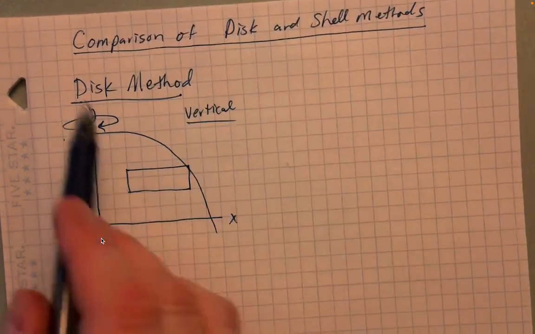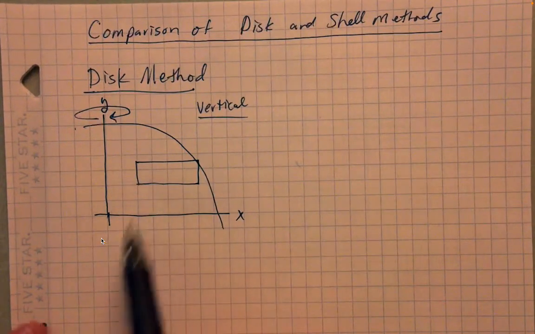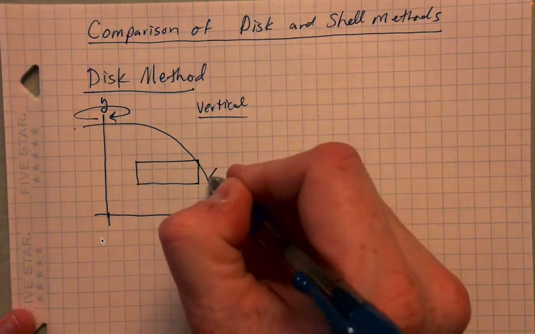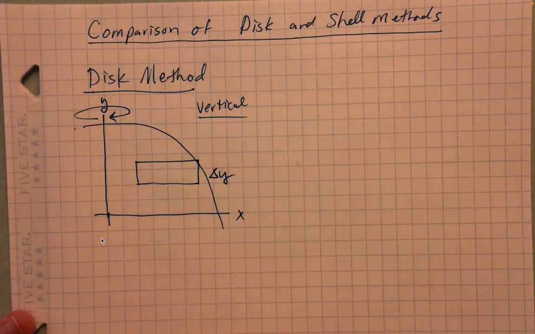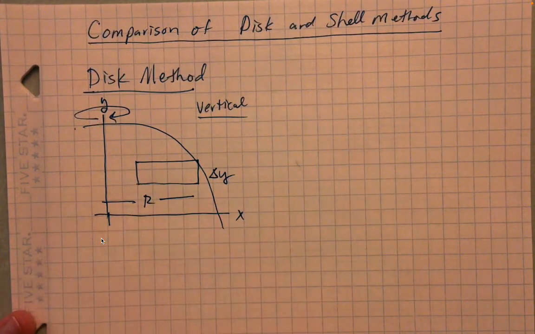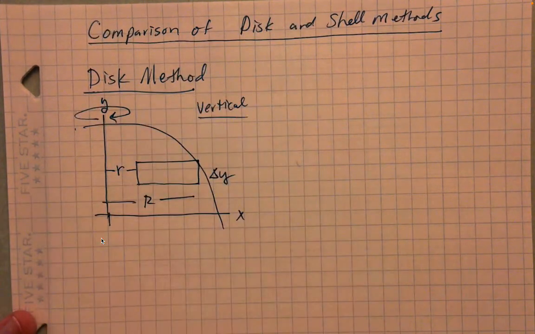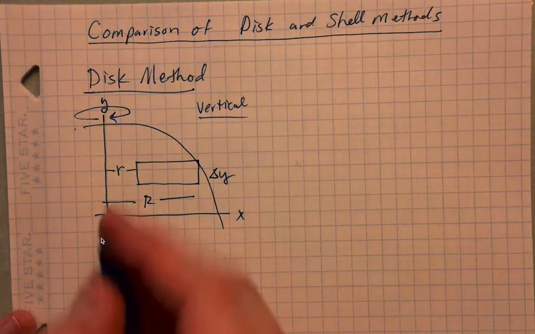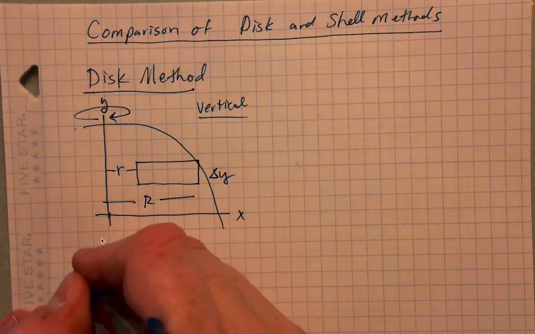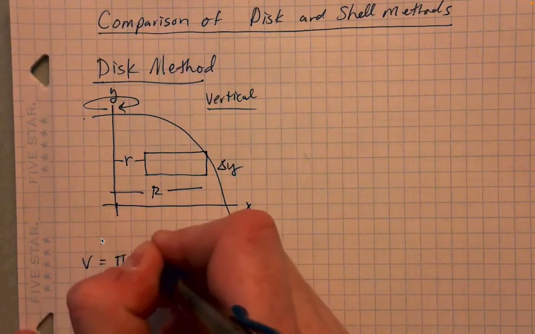In the case of a vertical axis of revolution, that meant horizontal representative rectangles, so you would have a delta y here. You would have an outer radius, which is this distance, and an inner radius, which is this distance. And then the integral basically was V equals pi times the integral.